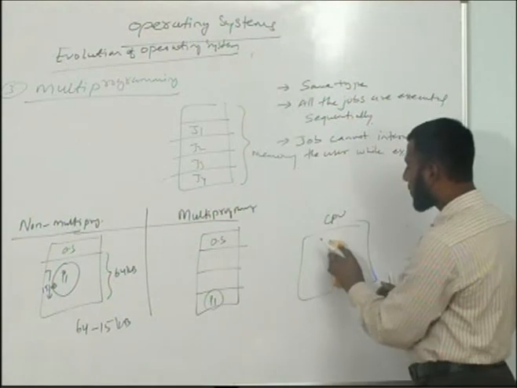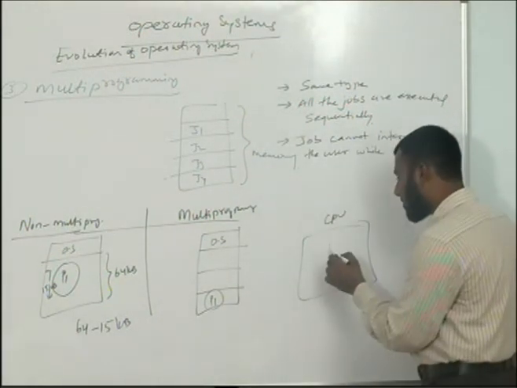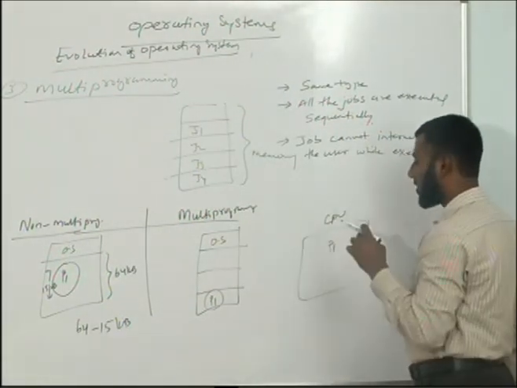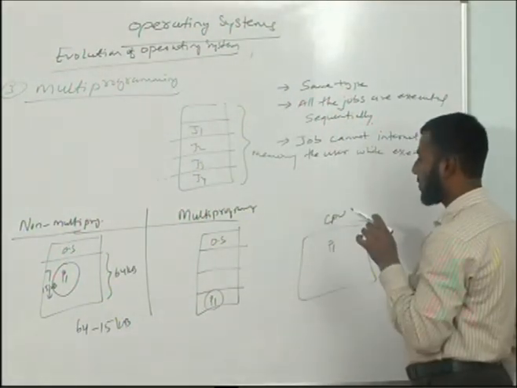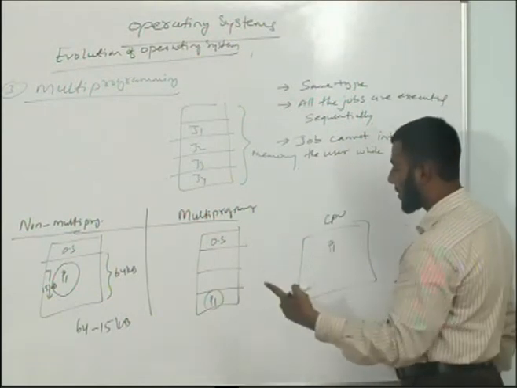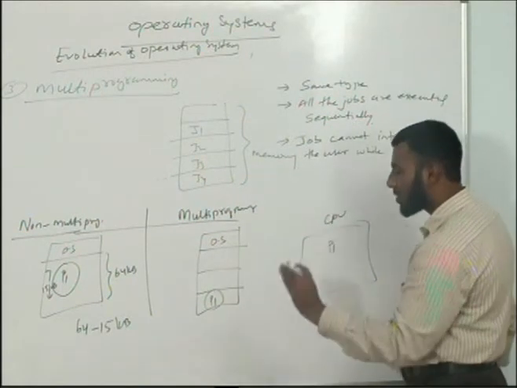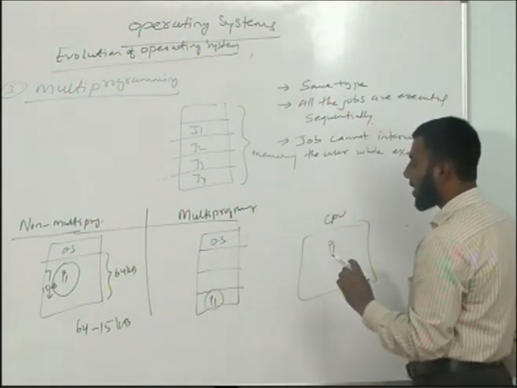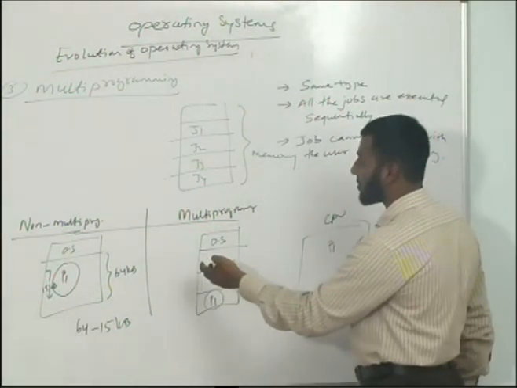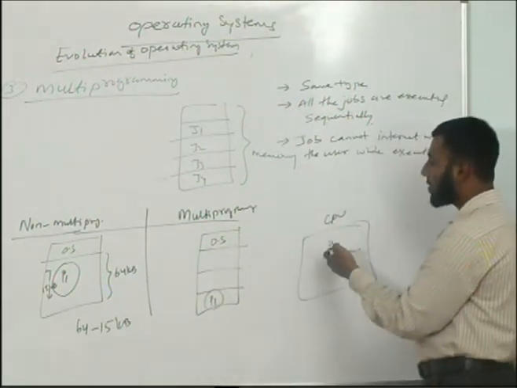Whereas in multi-programming, suppose a process has been selected randomly among the number of jobs available and has been given to the CPU. And suppose this process wants to execute some IO operation. This process will go and perform the IO operation, and the scheduler and the operating system will select one of those jobs which are present in the partitions and give it to the CPU.